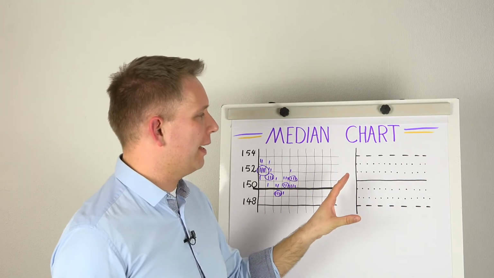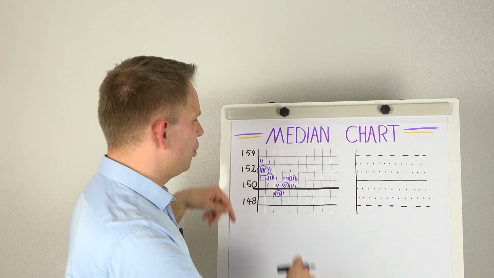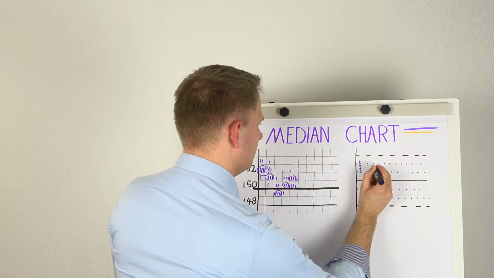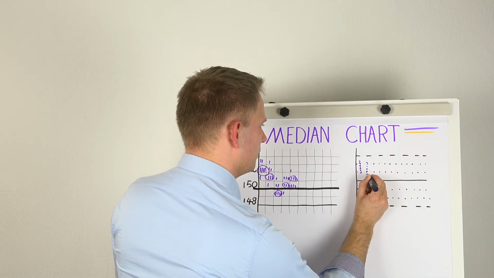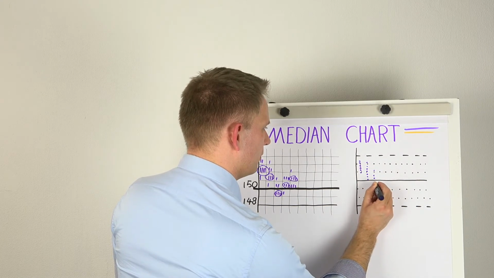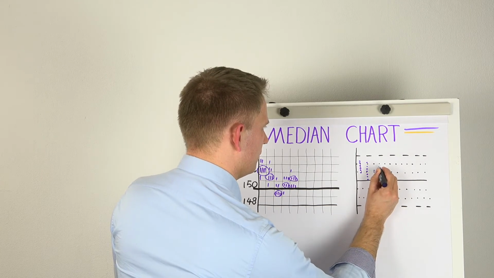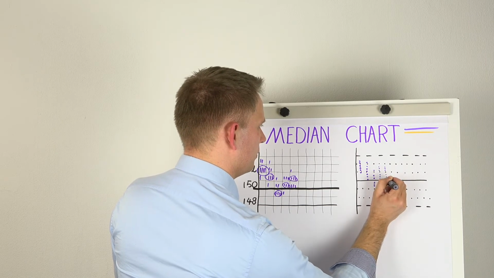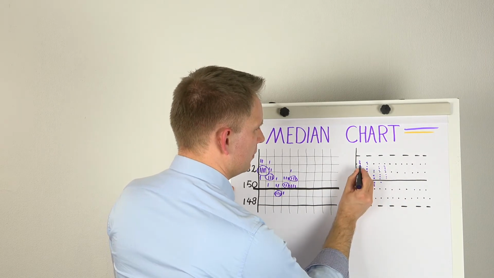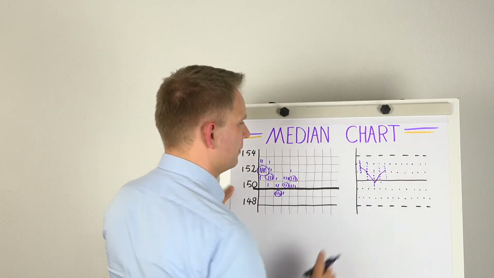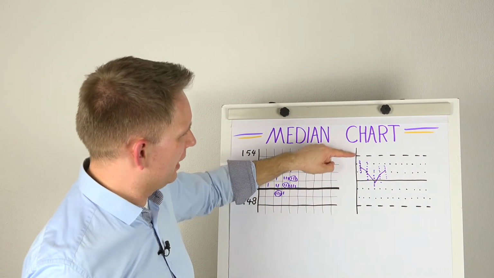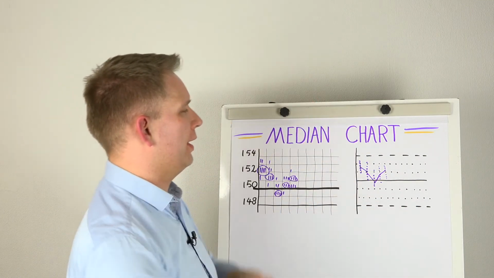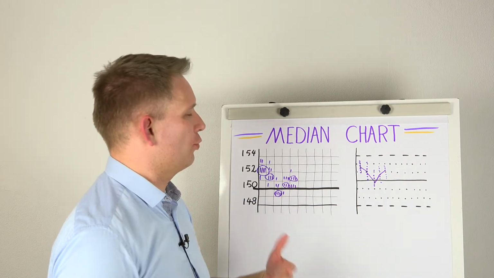See, if you make a median control chart, what you do there is you plot them, and then you draw the lines, and then you check with the lines, are they going to fall outside of my control limits?